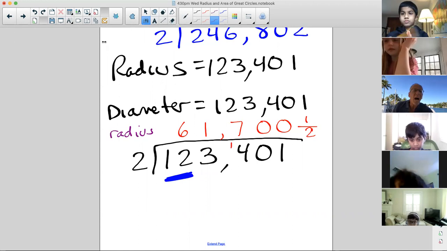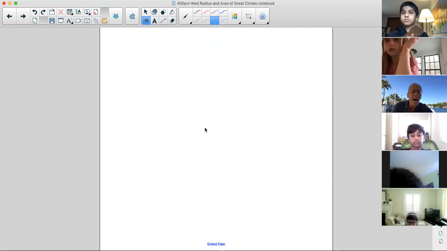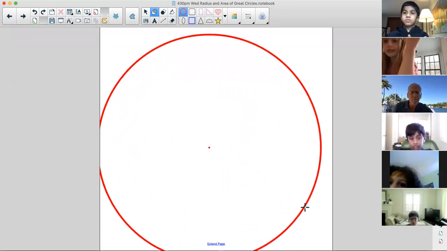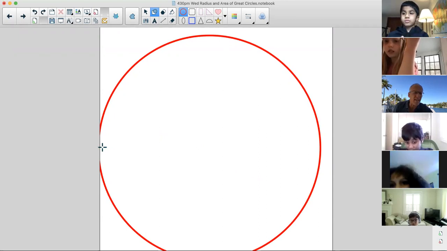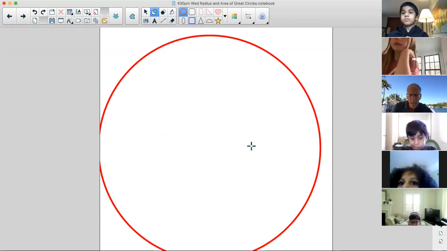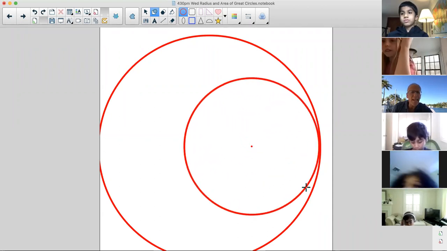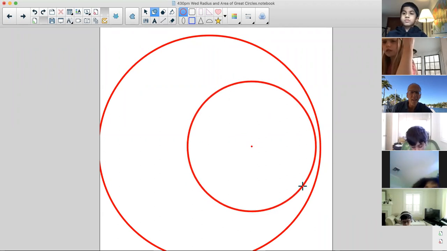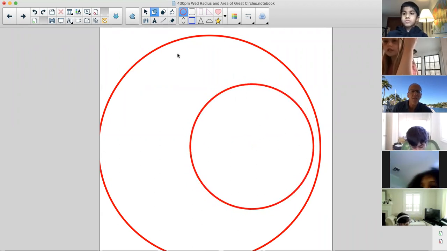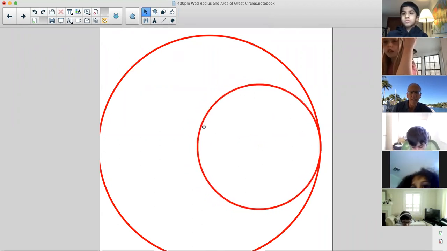Well, what I did, which is kind of interesting, Gabby, is that I took a really big circle and I said, let the diameter be a certain number. Then I said, wait a minute, what if that radius, and I don't like that picture as much, I'm going to move it over just slightly.